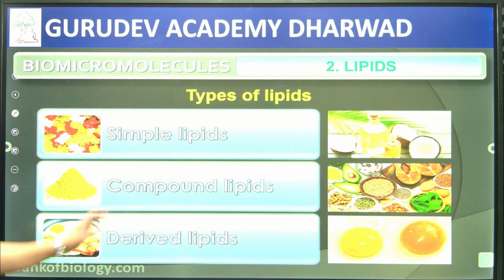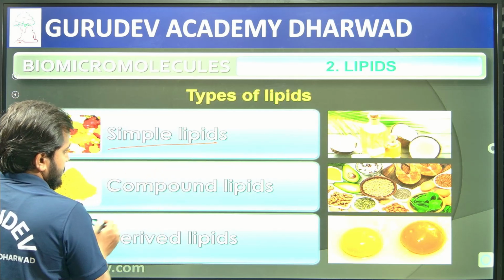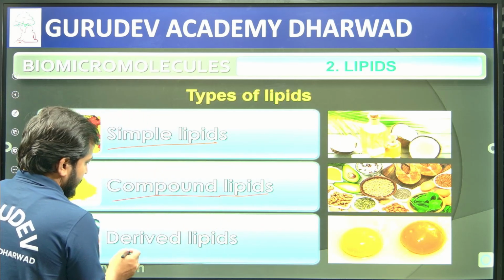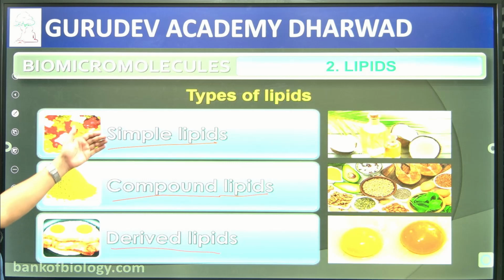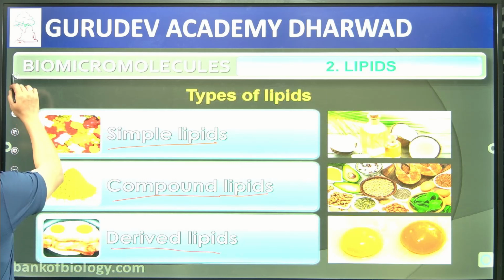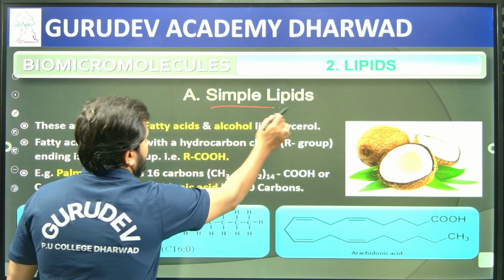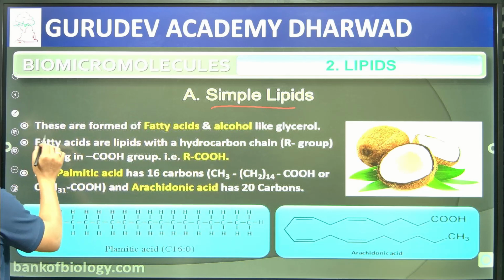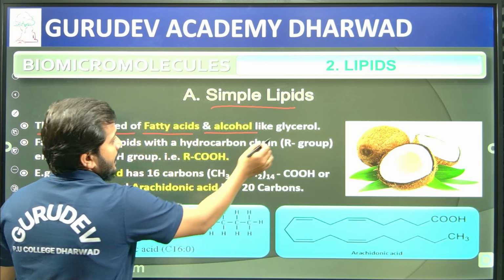Then again, types of lipids: simple lipids, compound lipids, and derived lipids. One by one we will understand. Simple lipids are formed of fatty acids and alcohol, like glycerol.